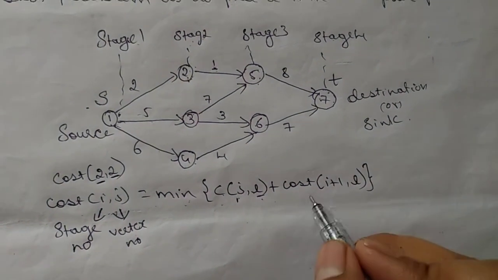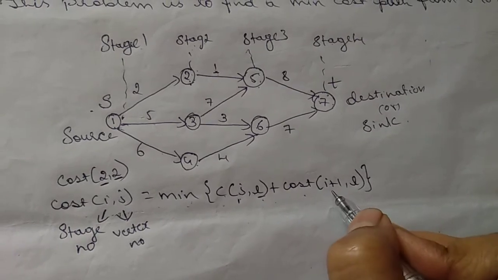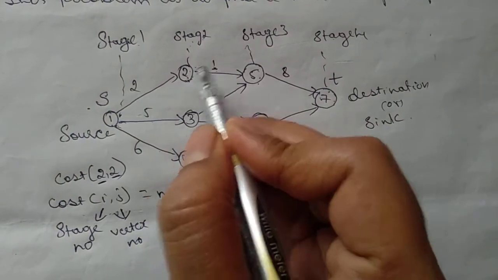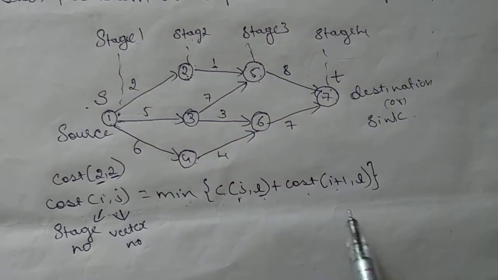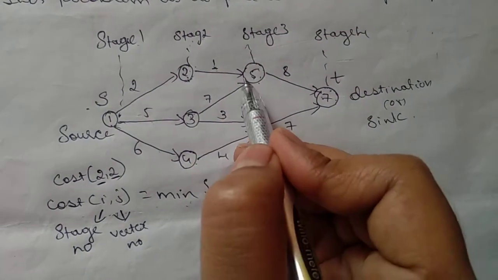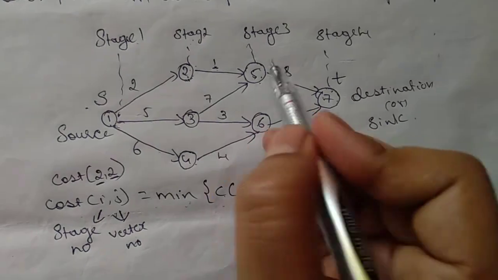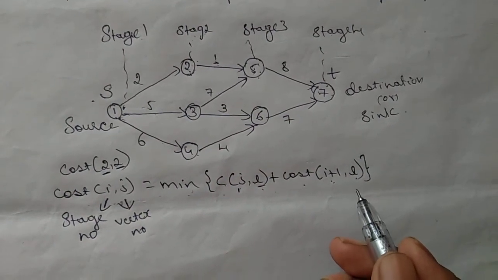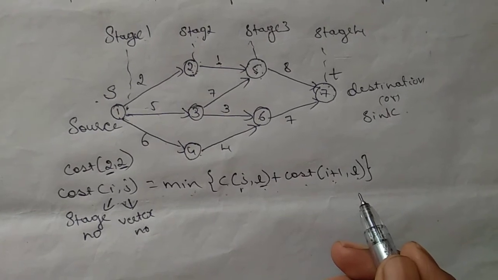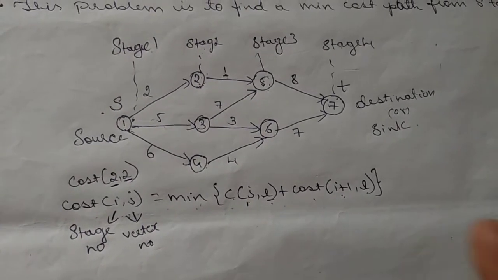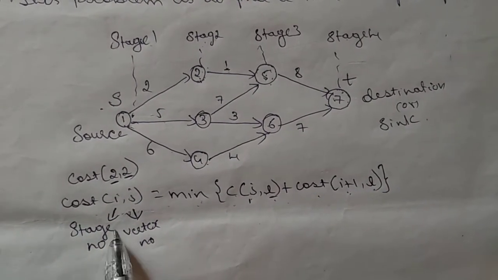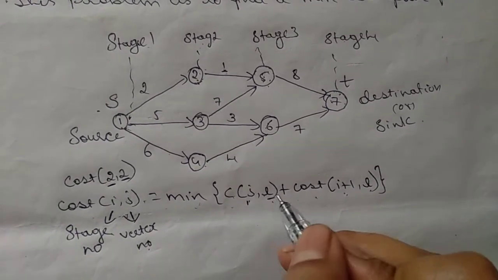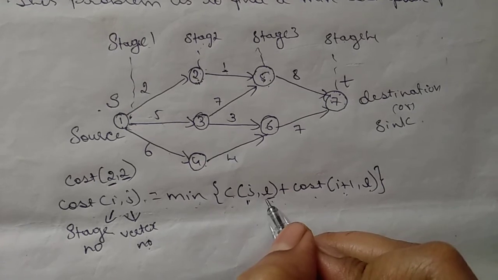Plus cost of i plus 1. Here I am in stage 2 but 5 is in stage 3, so I am doing i plus 1, the next stage, comma l, the cost of this particular vertex. While doing the problems you will come to know how to do this. For now just understand i is the stage number, j is the vertex number, and l is the next vertex we are considering.